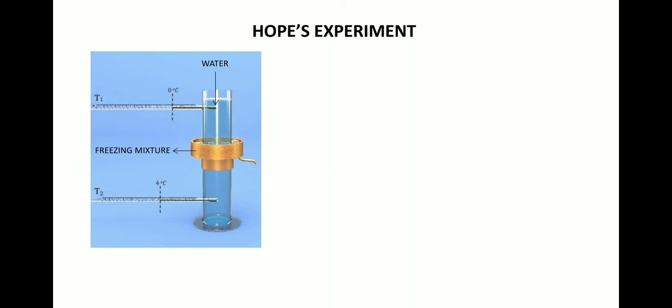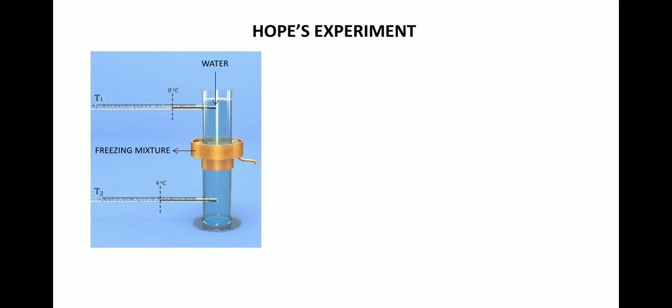And the thermometer T1 will remain almost unchanged during this time. When the temperature recorded by thermometer T2 remains fixed at 4 degrees Celsius, the thermometer T1 will start showing a continuous fall, and it reaches 0 degrees Celsius, and then it does not fall further.